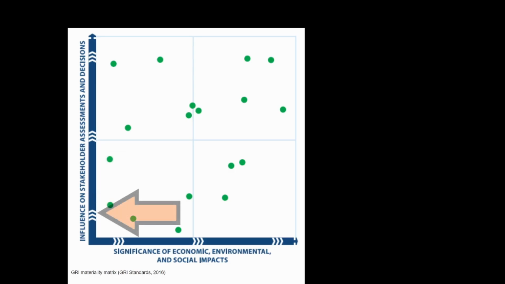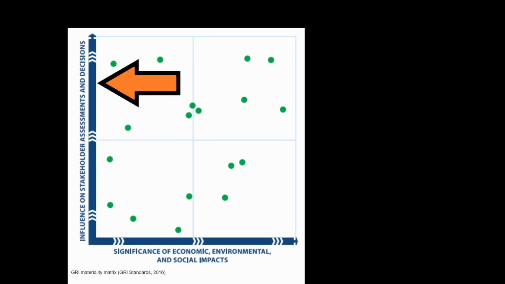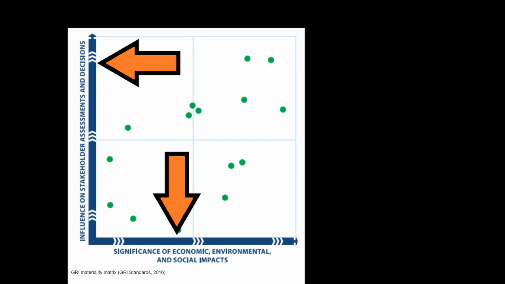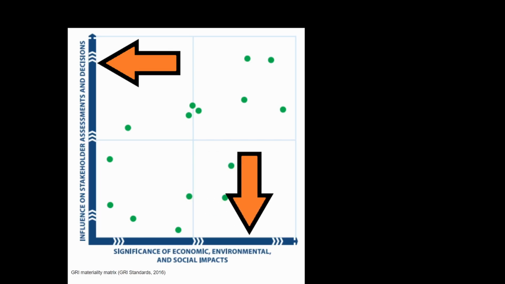And then on the y-axis, on the left-hand side, going up, is the importance to stakeholders of a topic. So the more important the issue is for a stakeholder, the higher it will be on the y-axis, and the more important it is in terms of its impact, the further along the x-axis it will be.